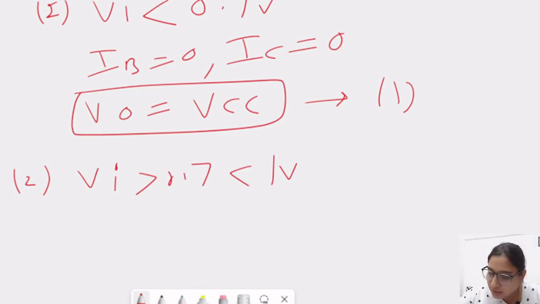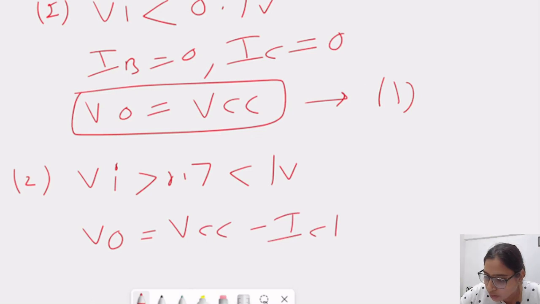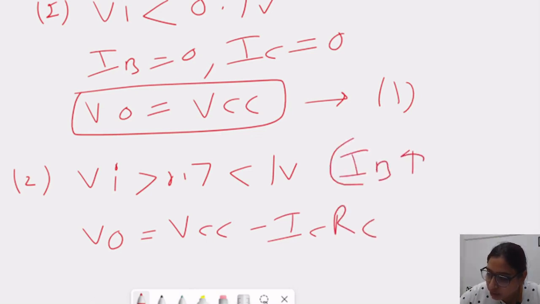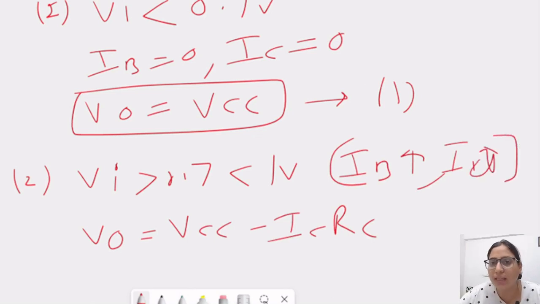In this case the output voltage is VCC minus ICRC. IB will also increase, so IC will also increase. The transistor is working, so IB and IC are both increasing. If IC increases, the value of V out decreases, because IC is subtracted from VCC, so the output voltage is decreasing.